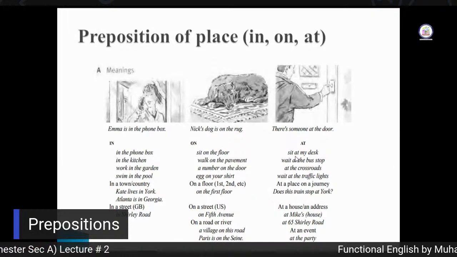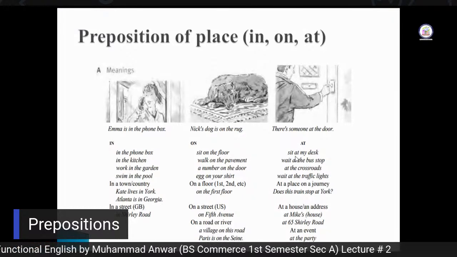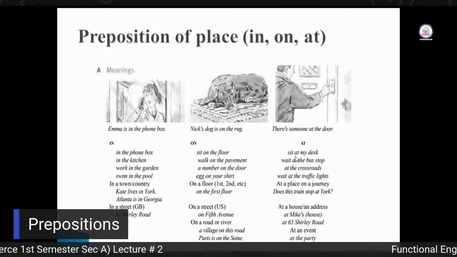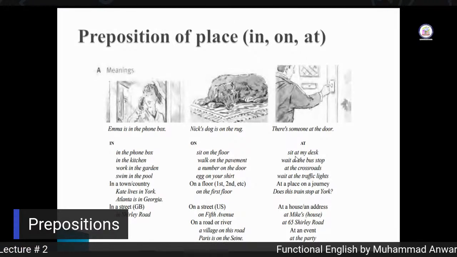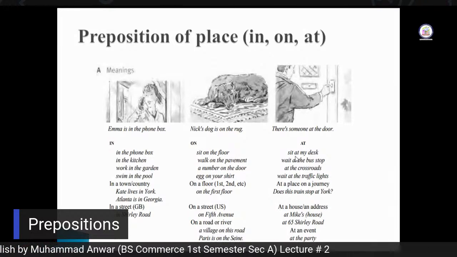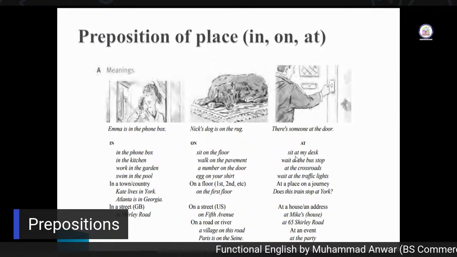A number on the door. Egg on your shirt. So when we talk about anything or when we talk about the presence of anything on the surface, we use on. और जब हम बात करेंगे सरफेस कहीं भी हो, ज़मीन हो, किसी की शर्ट हो, कुछ भी जगह हो, but we are talking about surface, so we use on.